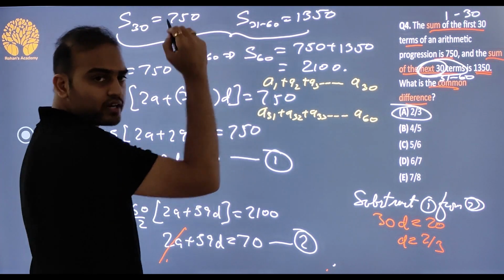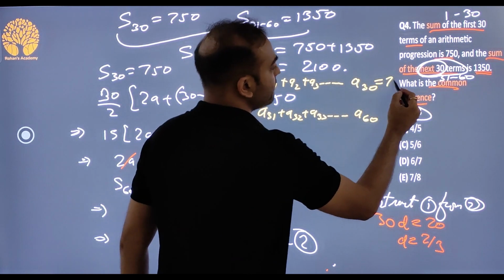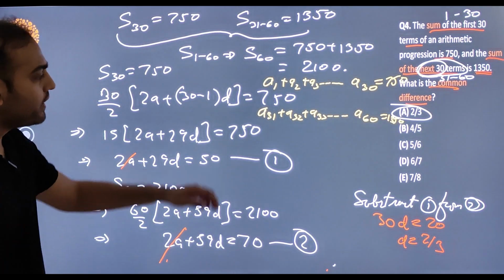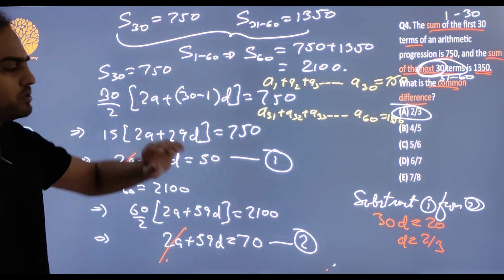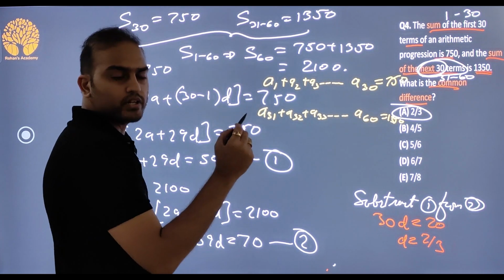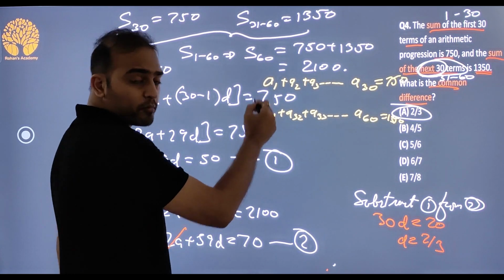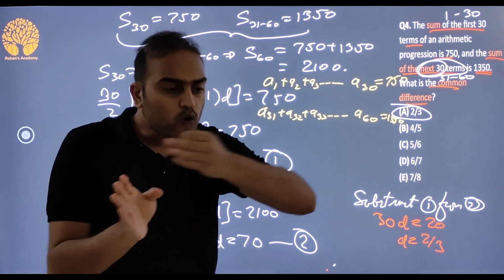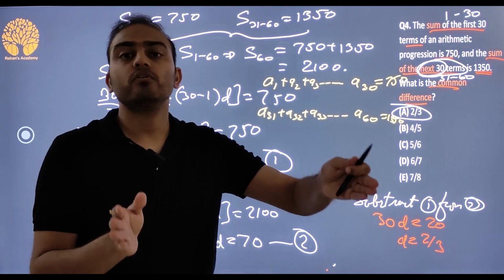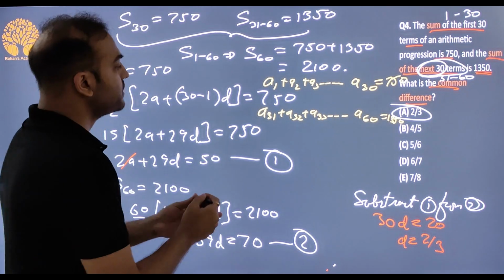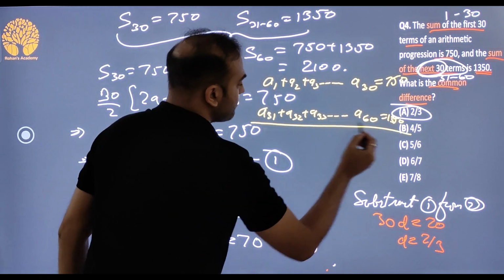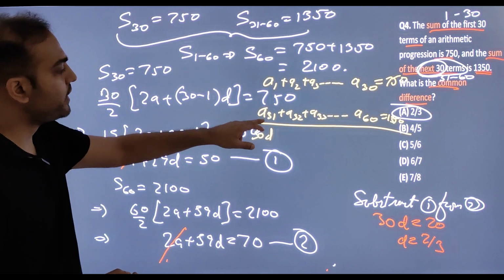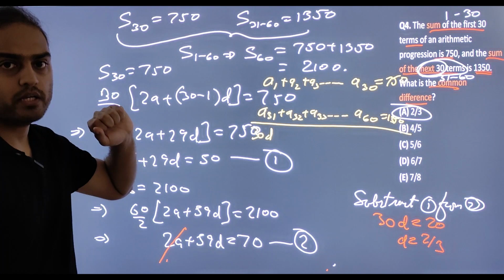Now if I subtract the two, this I know is 750, this I know is 1350. If I directly subtract the two, A31 minus A1, there is a gap of 30 terms. Think about it, from the first term to the 31st term, what is the gap? The gap is 30 terms. So the difference between them will be 30D. The difference A31 minus A1 will be 30D.